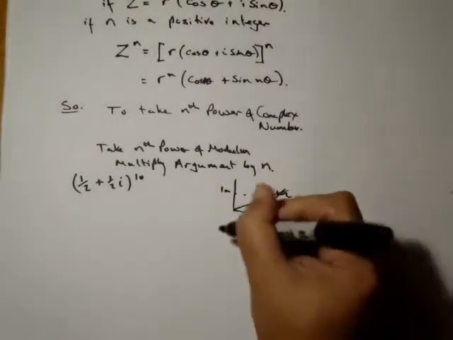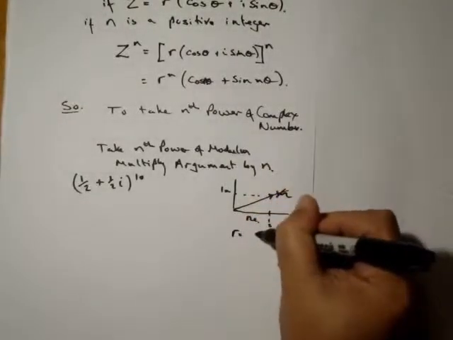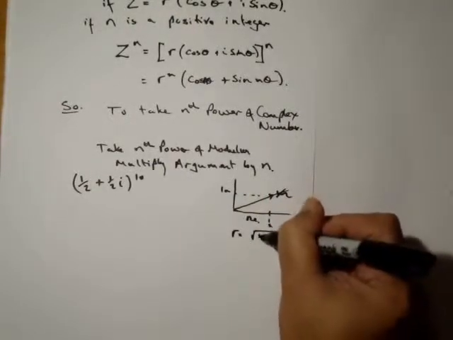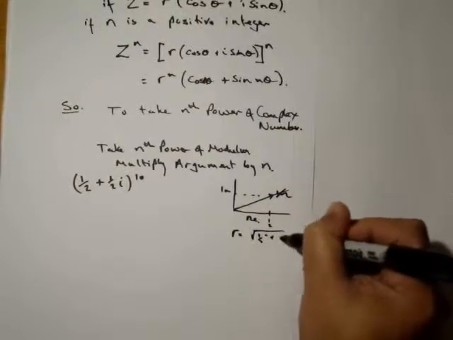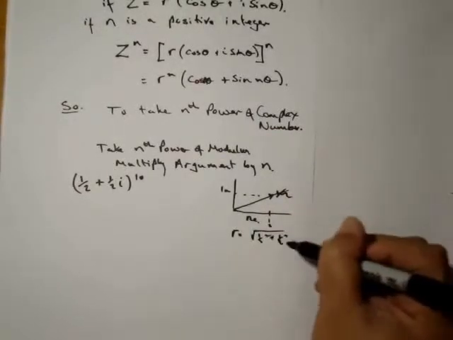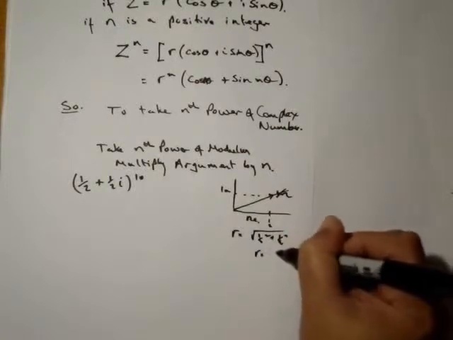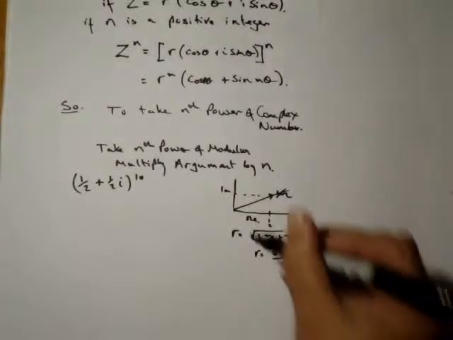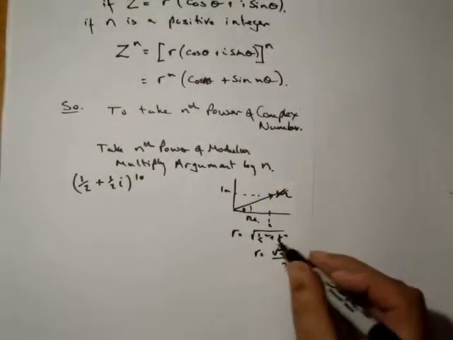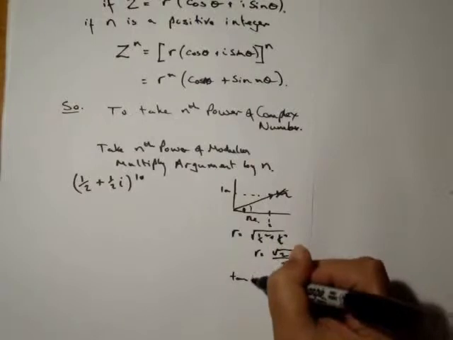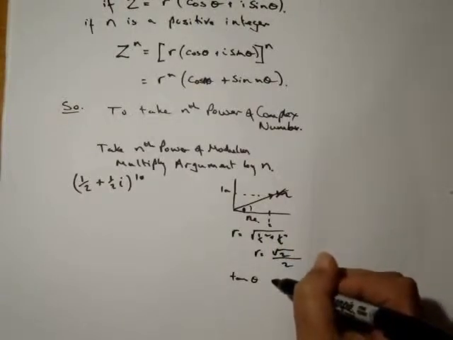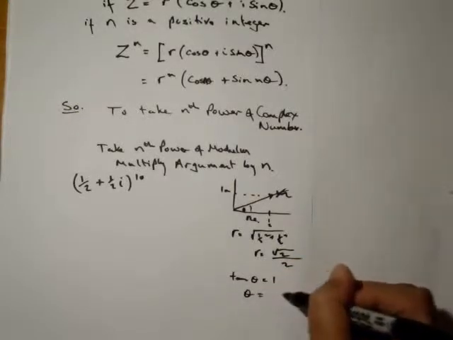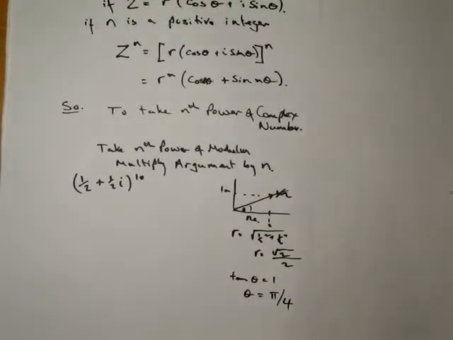So our r would be the square root of a half squared plus a half squared, which will give us r equals square root of 2 over 2, and our tan theta equals 1, which is theta equals pi over 4.